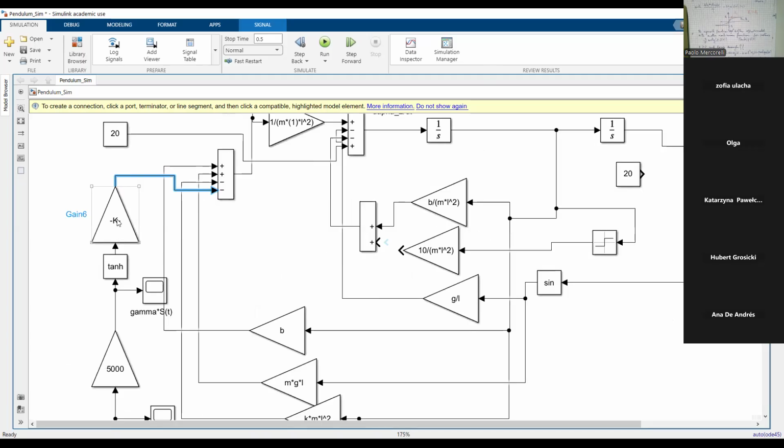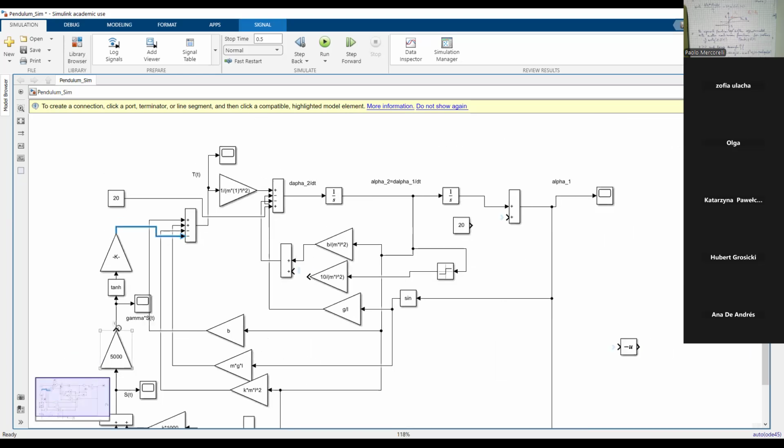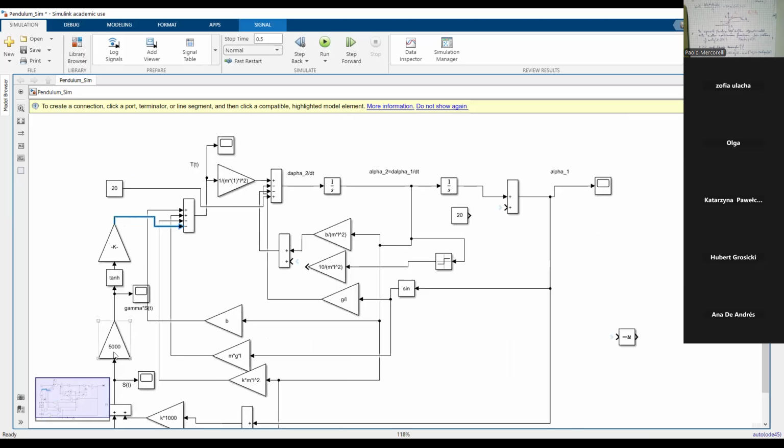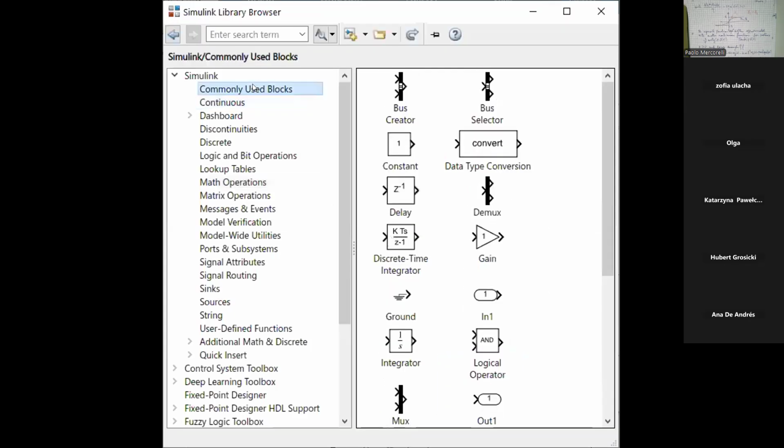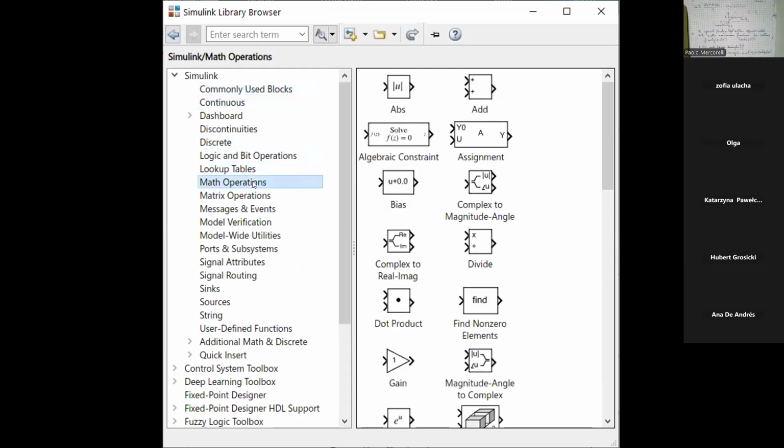Here inside, I told you we have eta multiply ml squared, everything multiply hyperbolic tangent of what? 5000, which is our gamma, as I told you now, which multiply S. This block here, you can find everything in MATLAB under math operations or under common use block. If you go here inside, let me show, you can find this block, common use block, or in math operations.